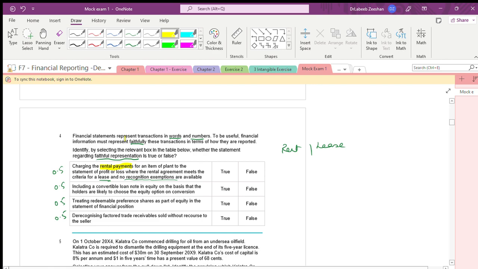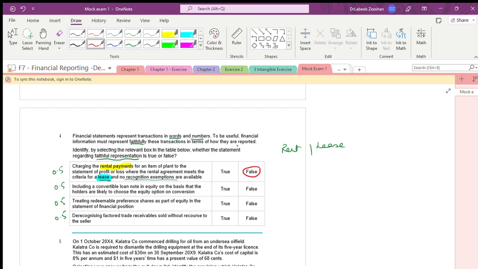You cannot mix up lease with the rental payment. You will never do that. Lease is different, rental payments are different. That is the reason I am putting different colors also. The answer is false. Is it okay? Clear? Yes, it's clear.